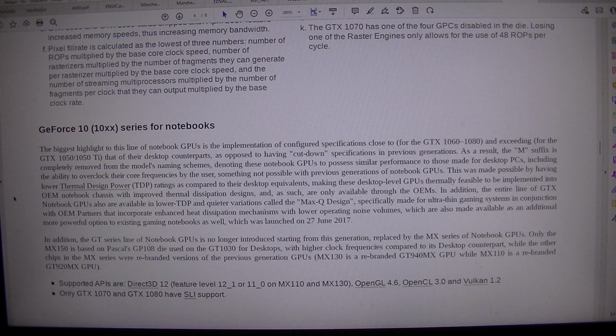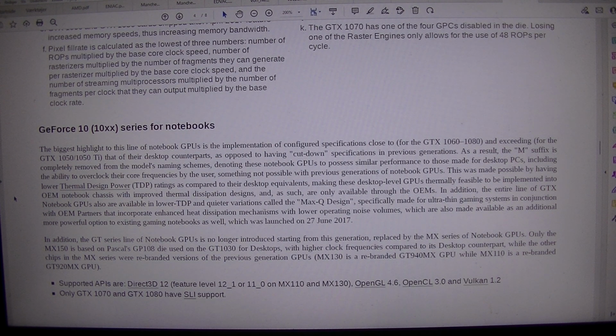This was made possible by having lower thermal design power (TDP) ratings compared to their desktop equivalents, making these desktop-level GPUs thermally feasible to implement into OEM notebook chassis with improved thermal dissipation designs, and as such, they are only available through the OEMs.